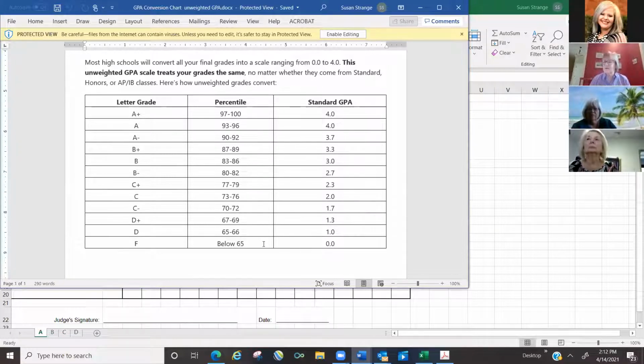So you just have to check the transcript. Sometimes they're allowed to redo that, and I don't know if they're both calculated in there together. That's an individual basis that we'd have to look at.